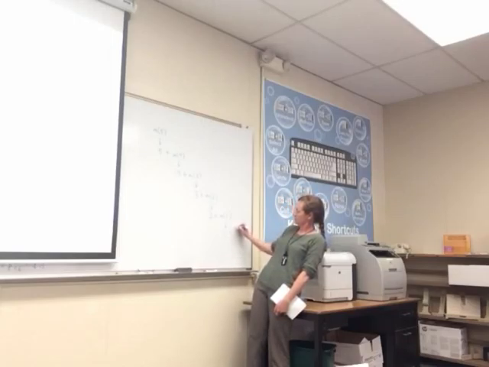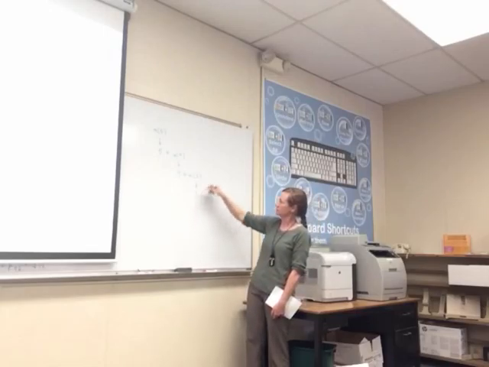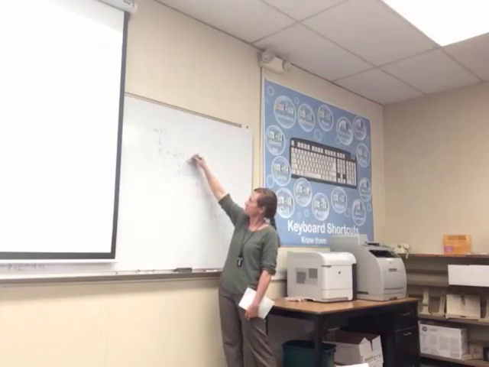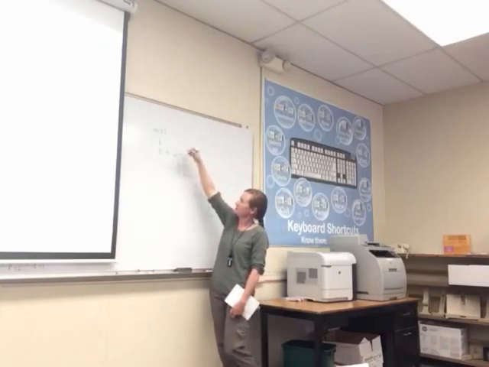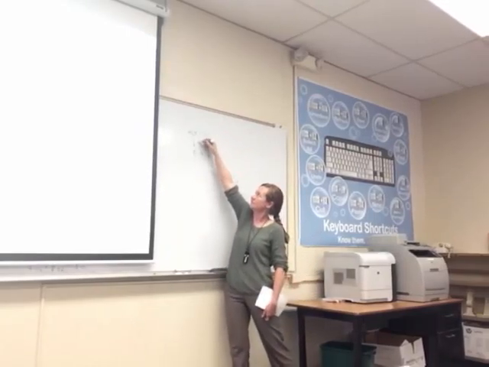So he returns 0 plus 1, so he returns a 1. Put the 1 right here. 1 plus 2 is 3, so he returns a 3. 3 plus 3 is 6, so he returns a 6. 6 plus 4 is 10, so he returns a 10. And 10 plus 5 is 15. So he returns a 15.